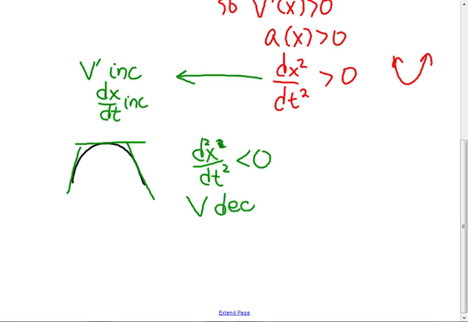Which is dx/dt. So you can answer it either by using the second derivative being positive, or the first derivative increasing, or the first derivative decreasing. It's quicker and easier for me to use the second derivative. But you don't have to.